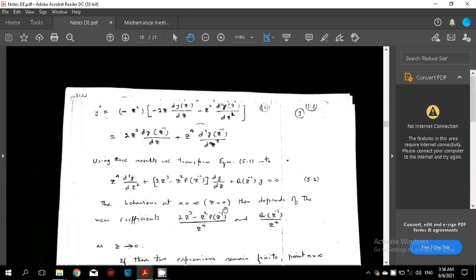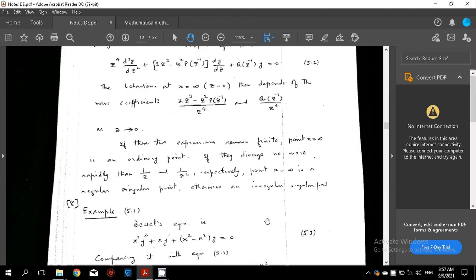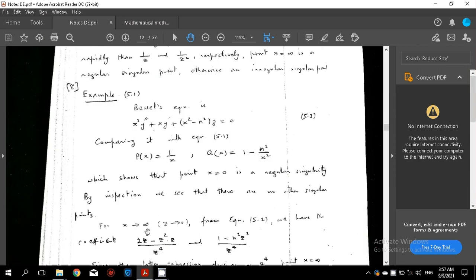So these are the new values of p in terms of z, and this is the value of q, new polynomial, in terms of z inverse, and you will see now the role of this polynomial and this polynomial. And so I would suggest that you go through the steps written over here to understand the asymptotic role of the differential equation.